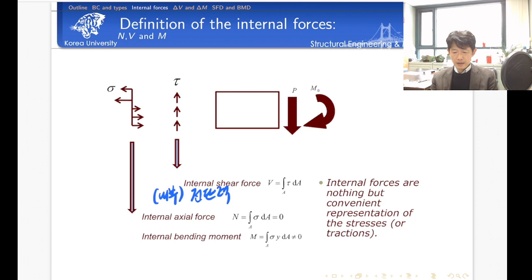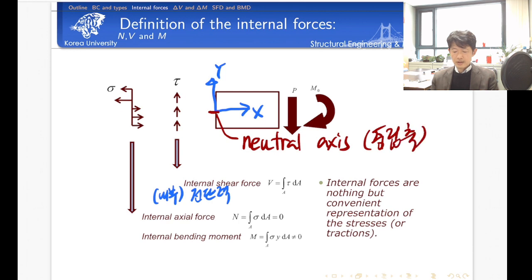So the arm length is given by the y coordinate. By the way, I forgot to introduce a coordinate system. So let's put a coordinate system here, x and y. We introduce the origin of the coordinate system at this point, so we call it the neutral axis. In 우리말 중립축.